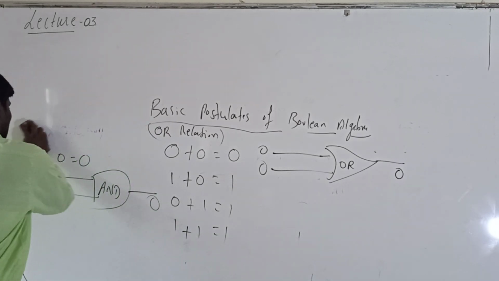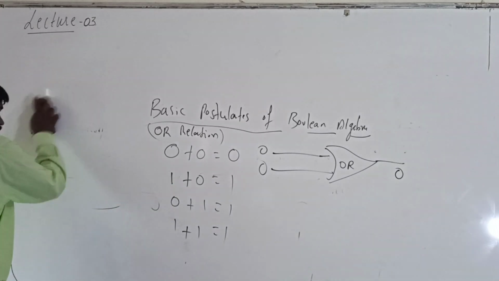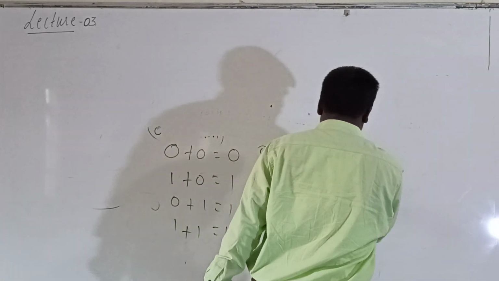Next is properties of zeros and ones. Properties of zeros and ones.